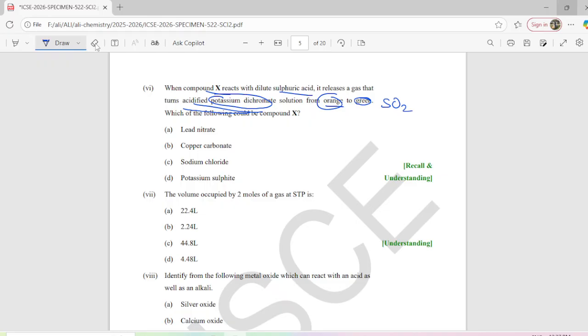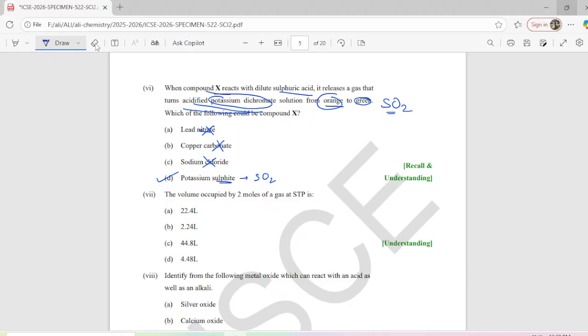So which of the following compounds can produce sulfur dioxide? Nitrate cannot produce sulfur dioxide, carbonate no, sodium chloride cannot produce sulfur dioxide, and the last option, sulfite, will give you sulfur dioxide. So option D is correct.